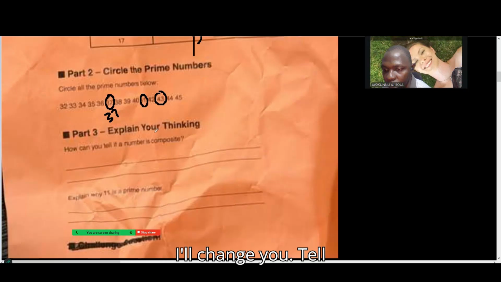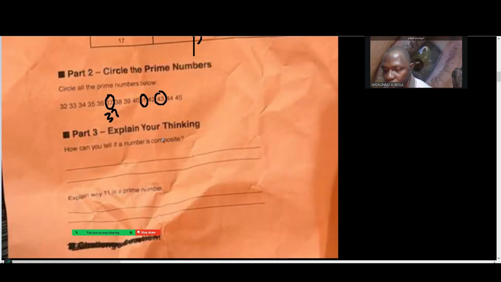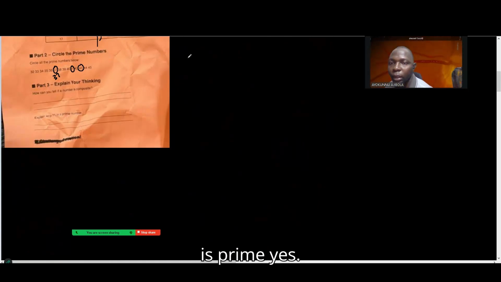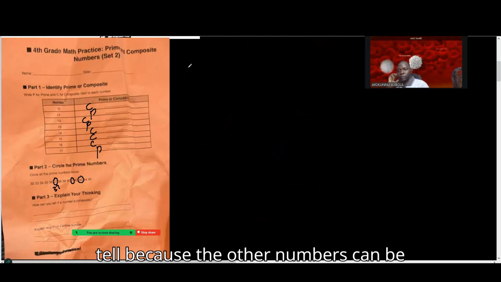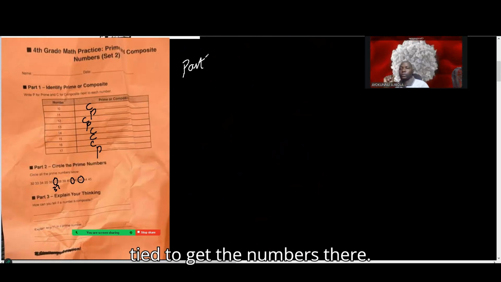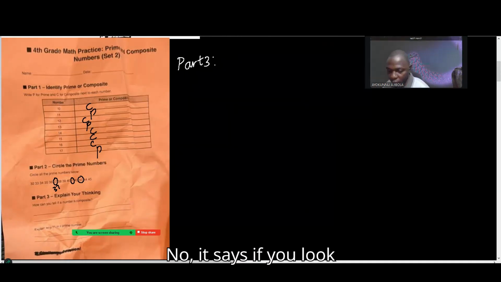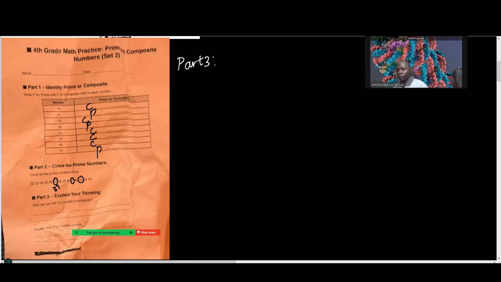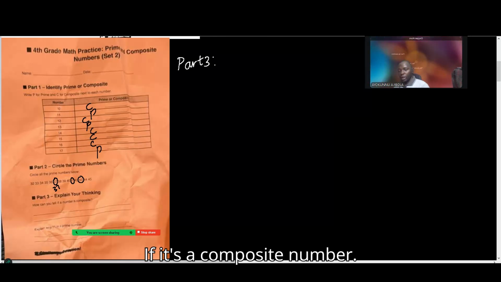How can you tell if a number is composite?